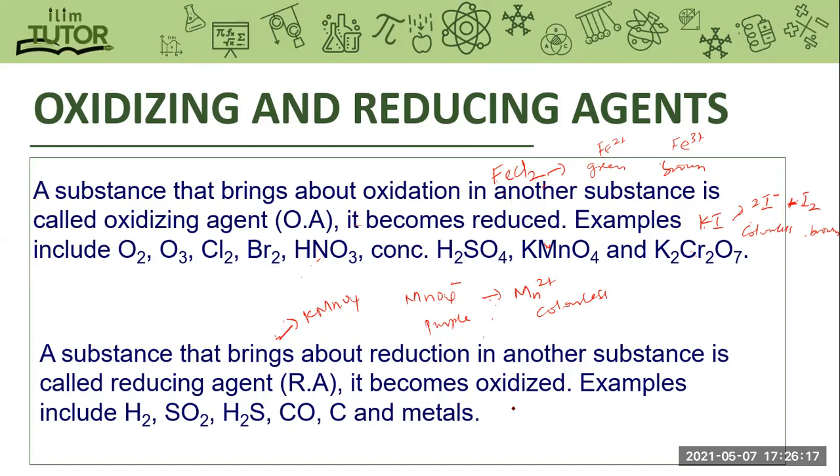Another one we can do is using potassium dichromate. That is K2Cr2O7. Okay. The basic reaction that you have here is this. That's the basic reaction.